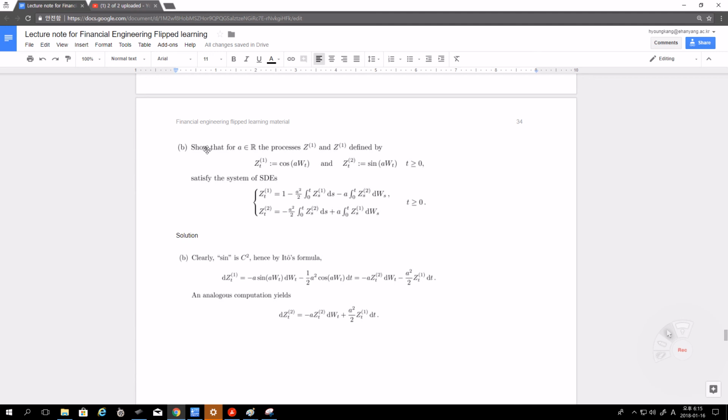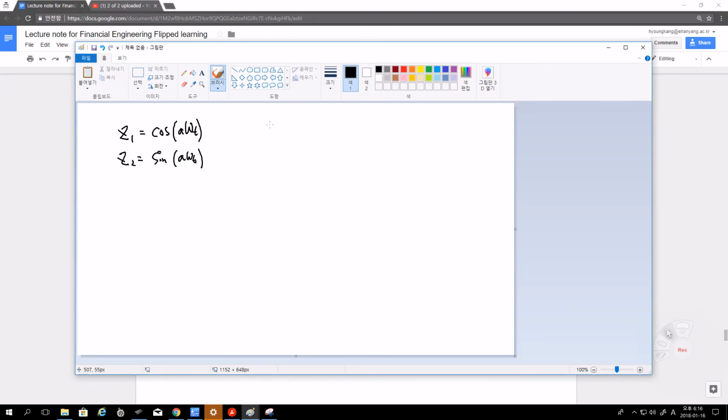And then we want to solve such that, easy, but to remind you of the mathematics, this requires taking the derivative of the cosine function and the sine function. The derivative of cosine is minus sine x, and if you take the derivative of a sine function, it becomes a cosine function. And then we will use this one.